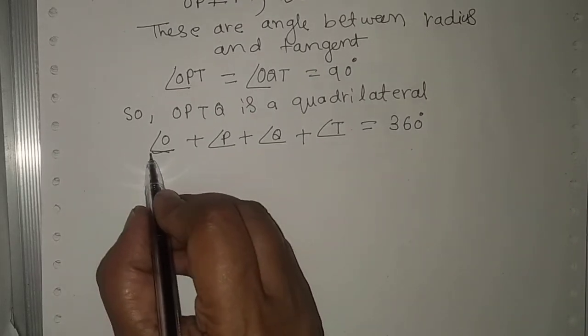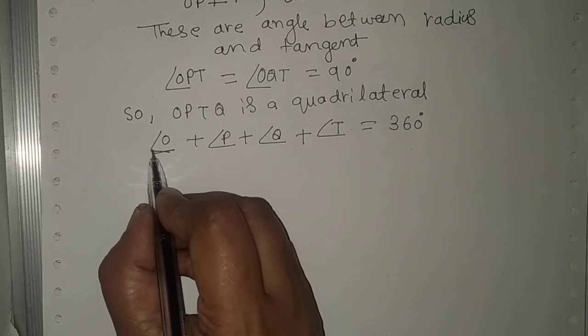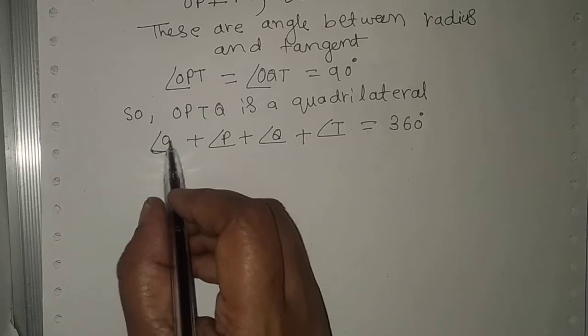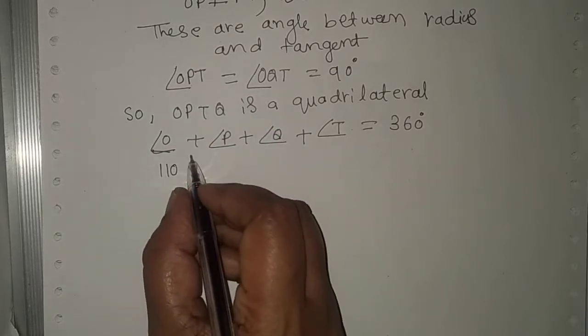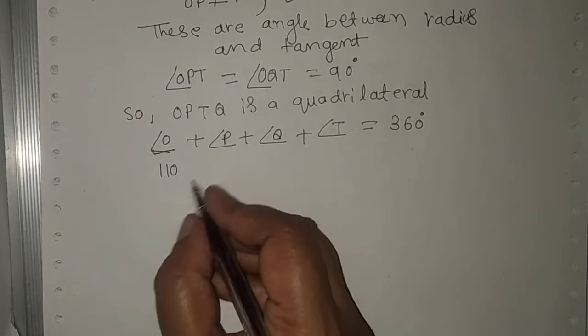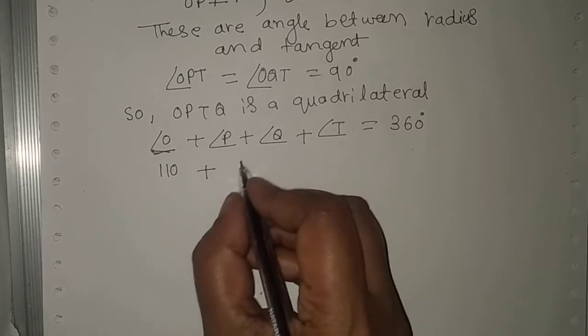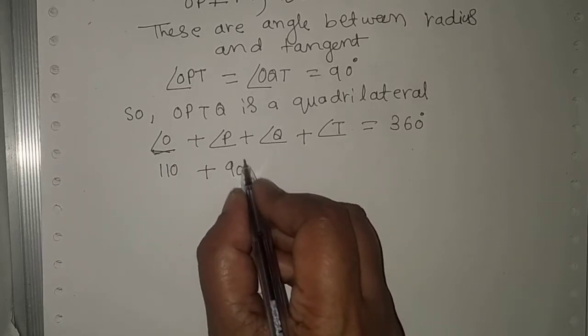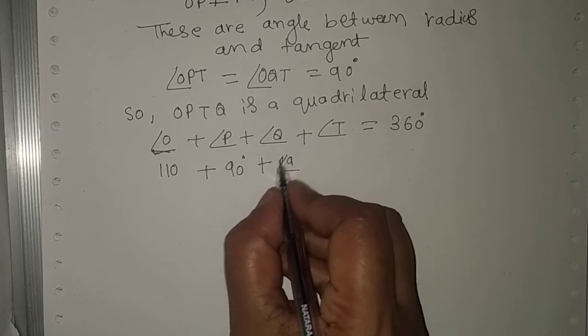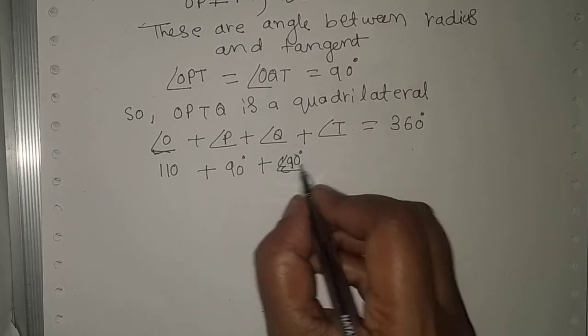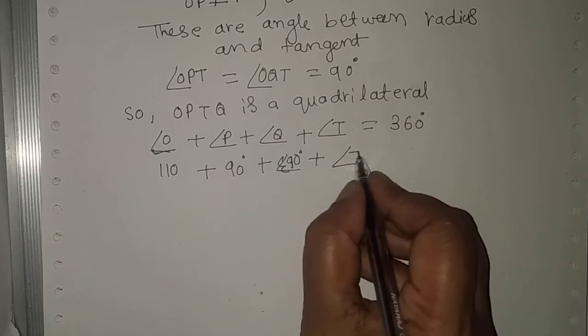Now substitute: angle O is 110, they have given here, plus P is 90 degrees, Q is 90 degrees, plus T we have to find out.